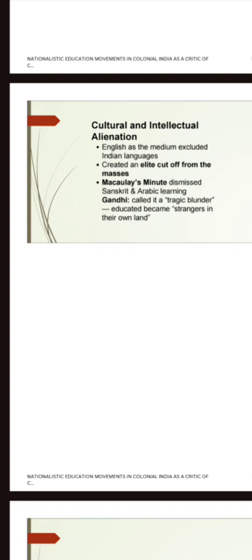Then, cultural and intellectual alienation. English as the medium excluded Indian languages and created an elite cut off from the masses. Macaulay's minutes dismissed Sanskrit and Arabic learning. Gandhi called it a tragic blunder. The educated became strangers in their own land.